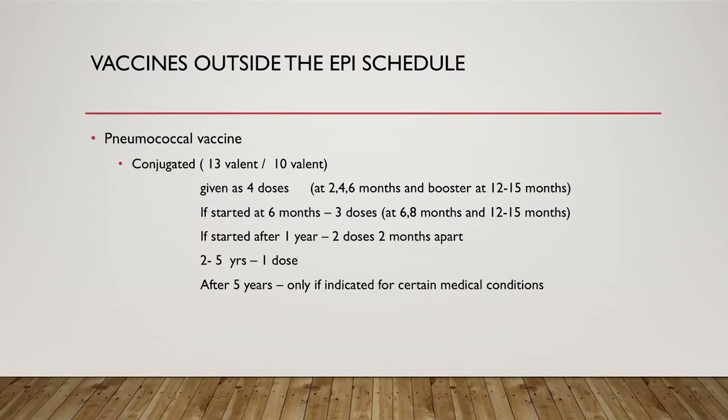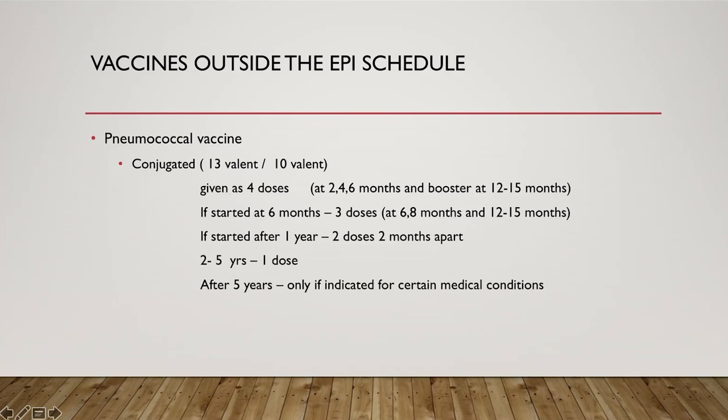Then another vaccine which is available is the pneumococcal vaccine. It's a conjugated vaccine. In developed countries, there is a 13-valent variety available, but in Sri Lanka, we have the 10-valent vaccine. And it is given as 4 doses, at 2, 4, 6 months and a booster dose at 12 to 15 months.